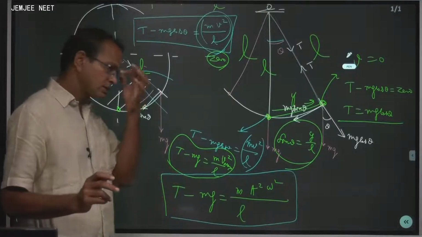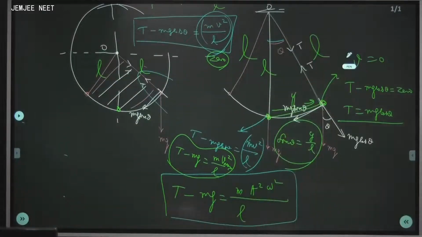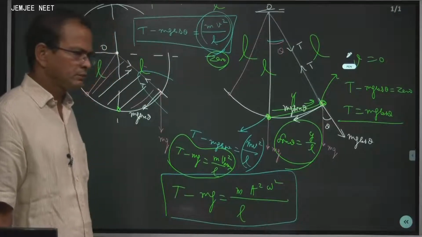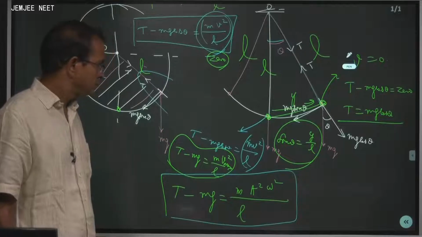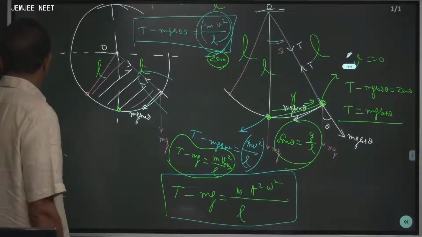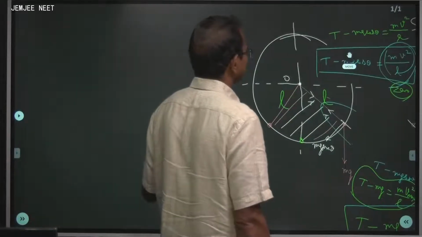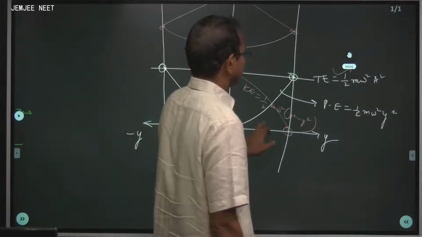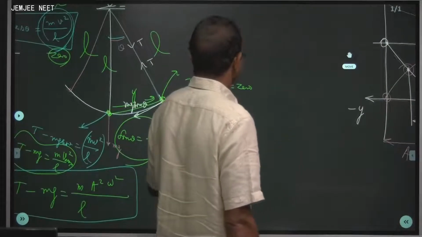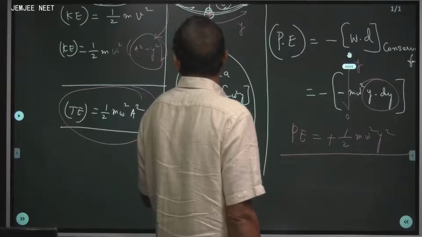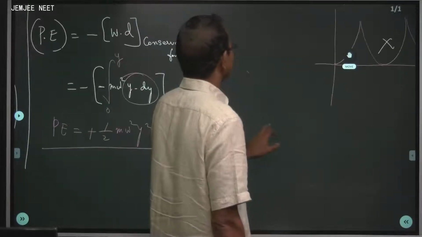Shall I go for spring, oscillations of spring? Sir, how is velocity maximum a square omega square, sir? I gave you that at the very beginning of the class.